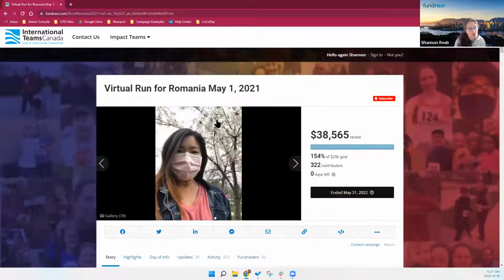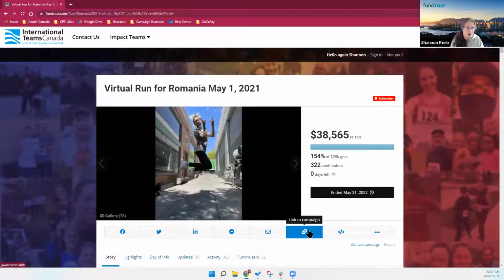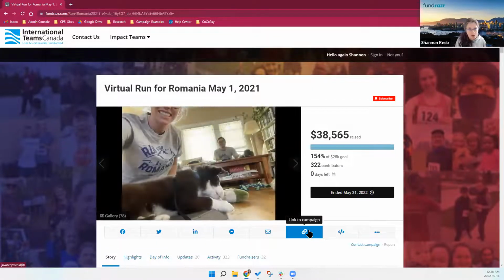They decided to do it for Romania and the Ukraine, which is awesome. They provided in-person events as well as the option to still fundraise, but do it virtually. And when you do it virtually, the really cool thing is that the fundraisers put up pictures of them doing the event, so here's me and my dog, or me and my whole family walking 2K around our neighborhood.